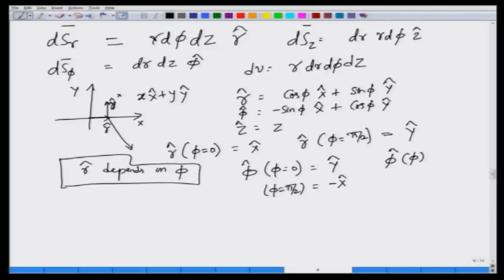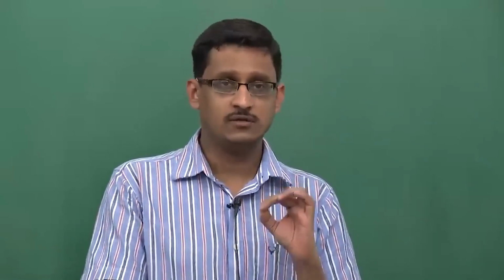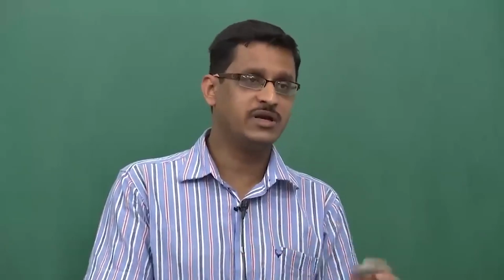Does it mean that I have to all the time specify r as a function of phi, phi hat as a function of phi? Well, no, because it will simply clutter up our equations. We are not going to write down this functional dependence on phi every time, but we understand that in the cylindrical coordinate system and the next coordinate system that we are going to discuss, called the spherical coordinate system, the unit direction vectors are going to be different at different locations in space.